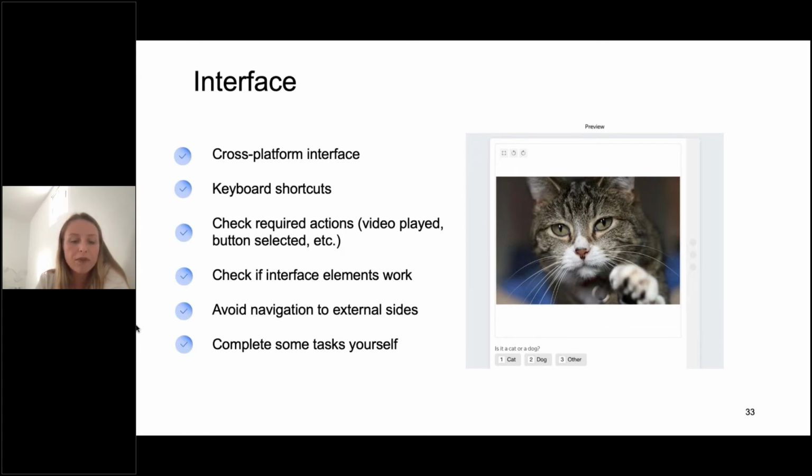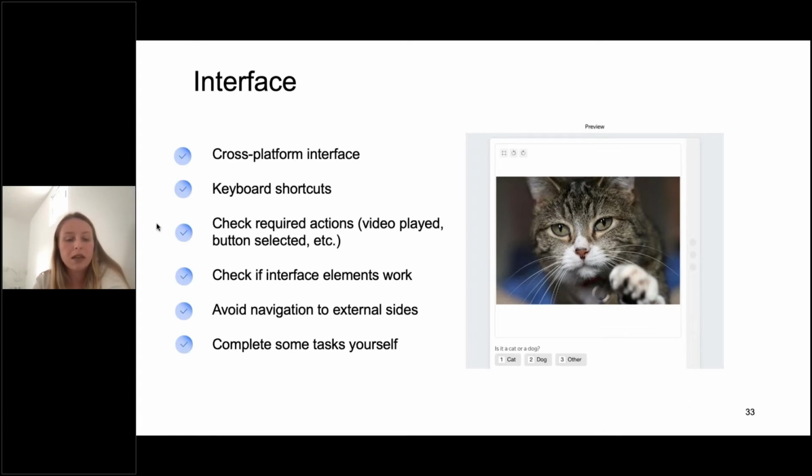Also, if you know that people will be taking it using computers, it's a good idea to add some shortcuts. So in the example here, you can see that in order to choose cat or dog on the picture, a user can use 1 or 2 shortcuts on their keyboards. It's also a good idea to check if the required actions have been completed.